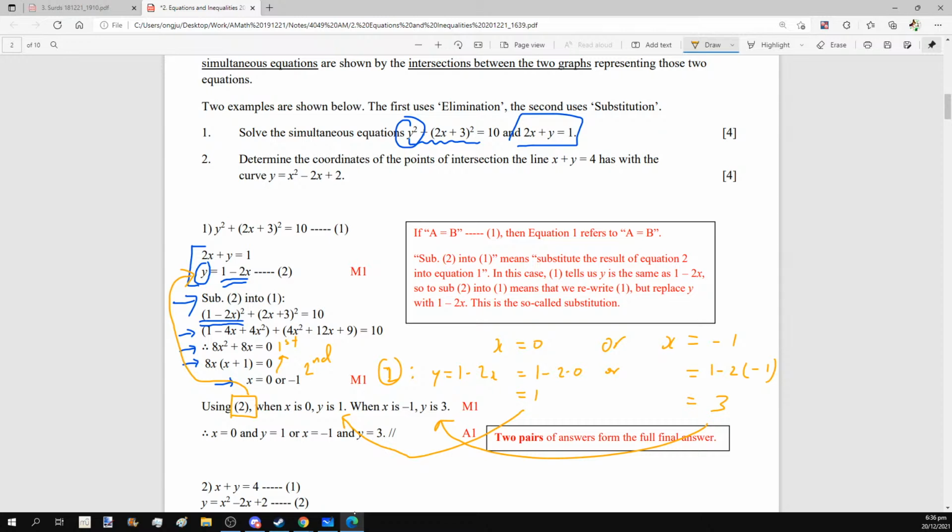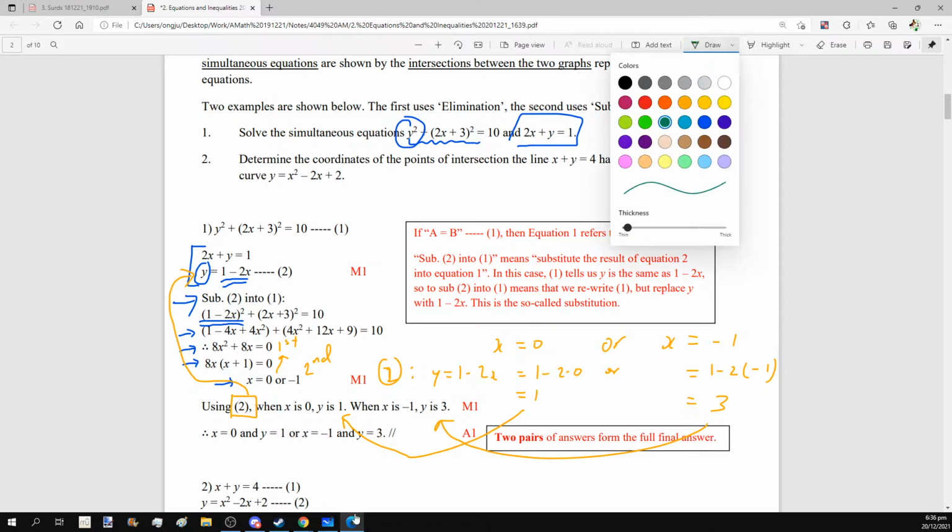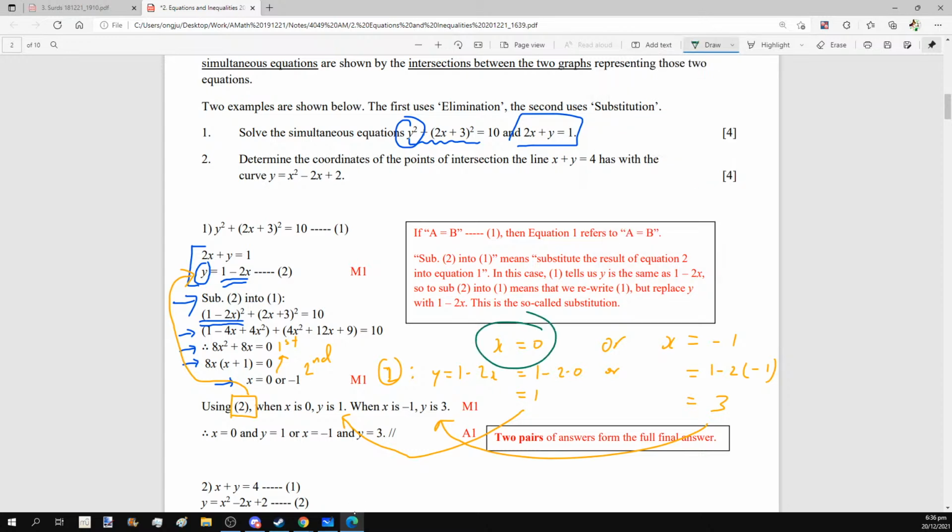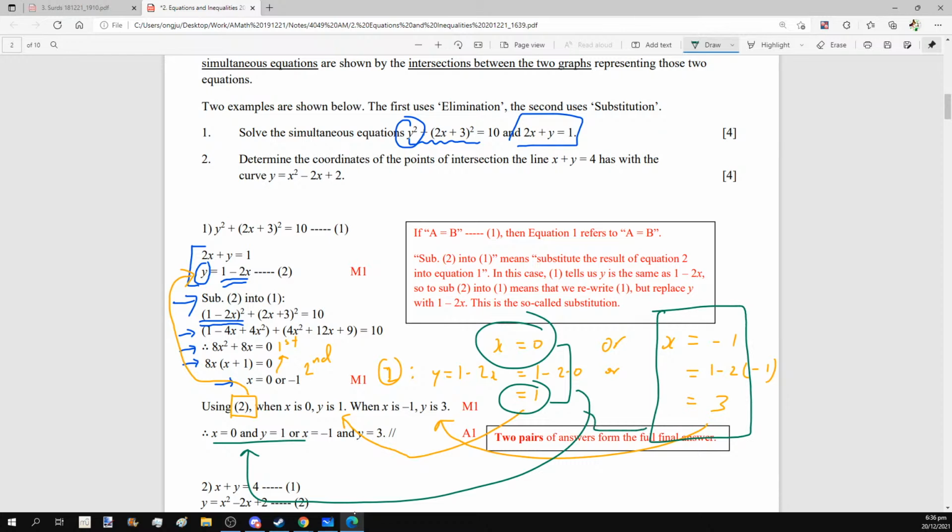When you present your answers, make sure to combine the relevant numbers together. So for example, over here 0 on x gave us 1 on y. So these two need to be put together over here. Similarly, over there we have -1 on x giving us 3 on y. So this one will also be presented together like so. Alright?